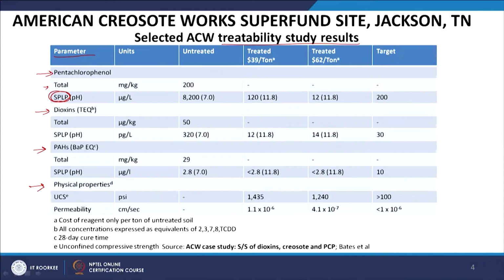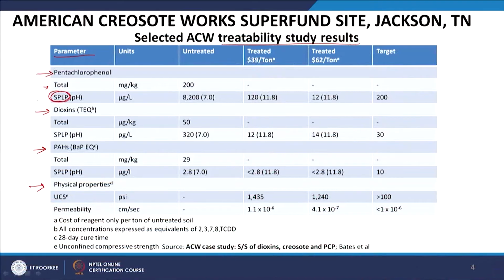I think this SPLP test tries to mimic the conditions when the waste, or the solidified waste, is exposed to acid rain, and that is the SPLP test. They looked at a slightly different test here, not just the TCLP, right, and I think that is what we have here. Obviously the units here, right, and untreated, this is the untreated site.